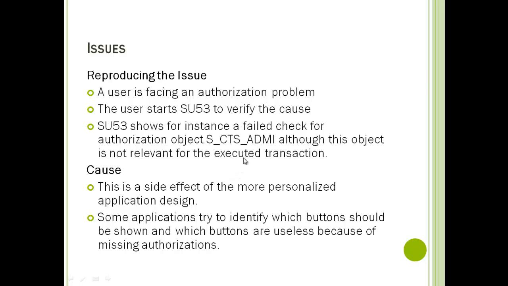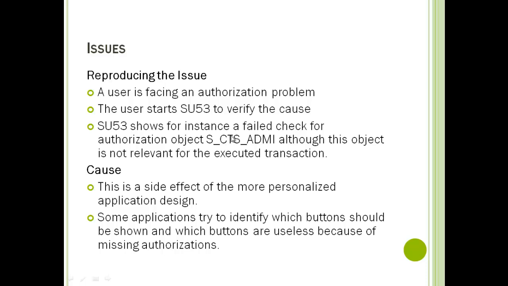So this is basically, it comes because this authorization object is not related to the user. By looking at this authorization object, you can identify that it is not related to what the user is doing. So you also need to make some judgments like this.